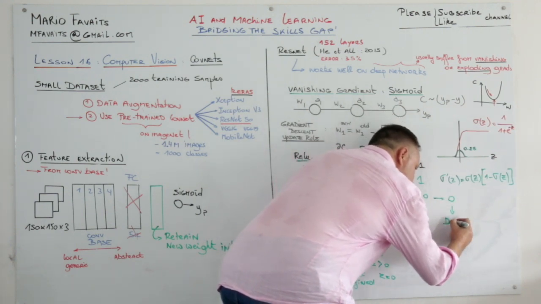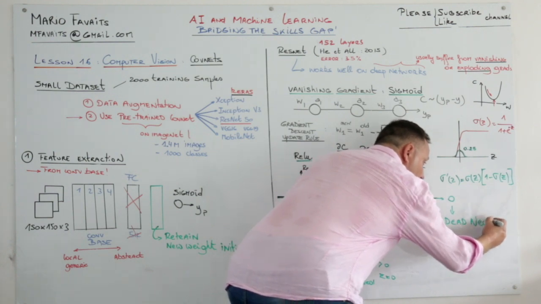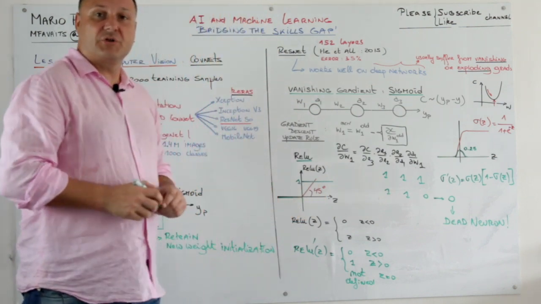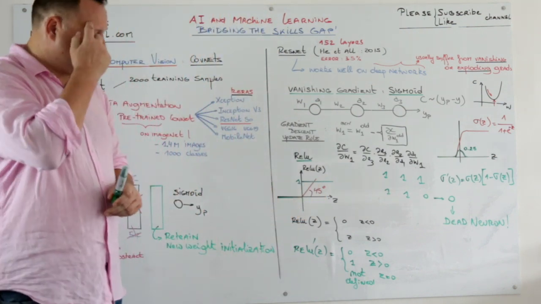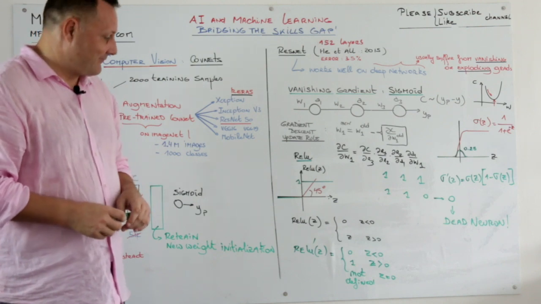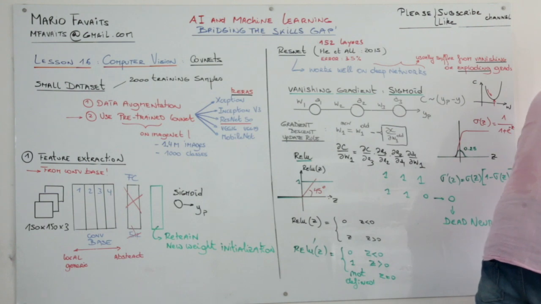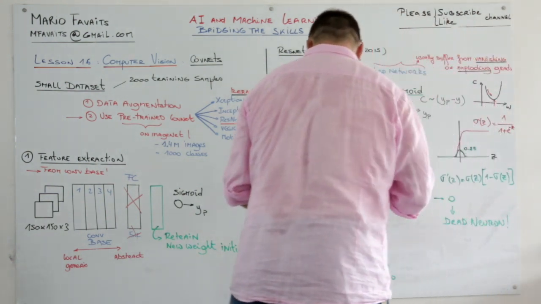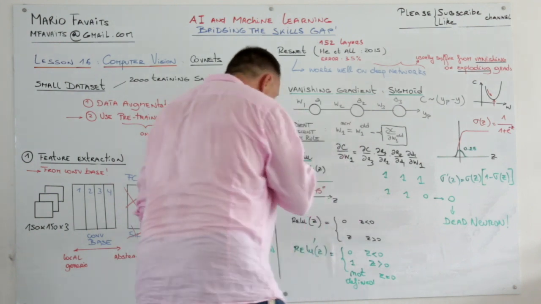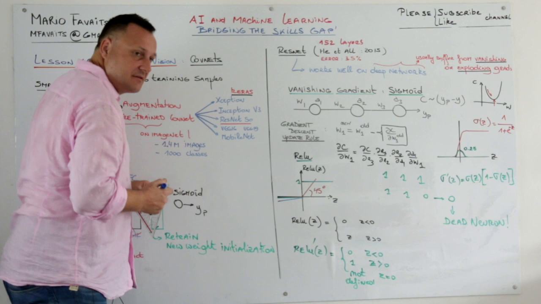And this we call a dead neuron. Yeah, and that's basically not what you want to have. Yeah? Because here again the learning will stop. So what have people done? Well, they said, okay, let me put a small negative slope here.